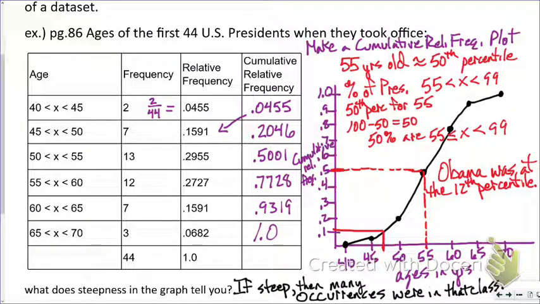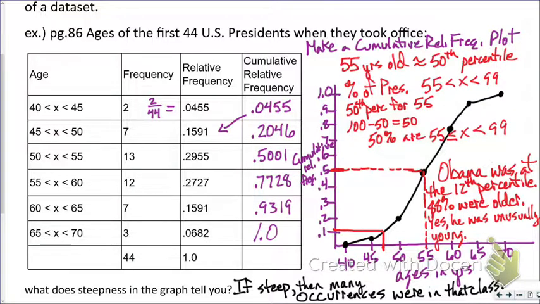That means 88% were older. Yeah, I think we can safely say he was unusually young. I mean, it wasn't super unusual, but only 12% were younger.